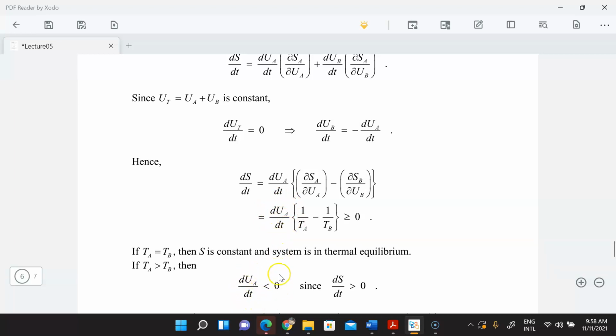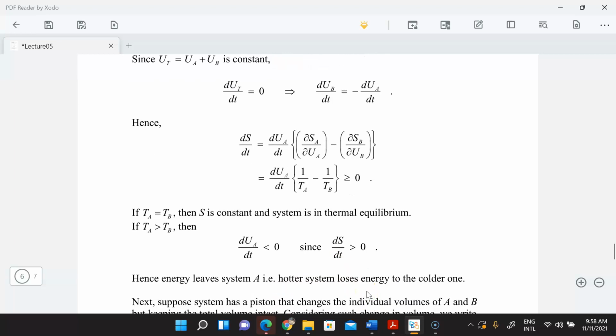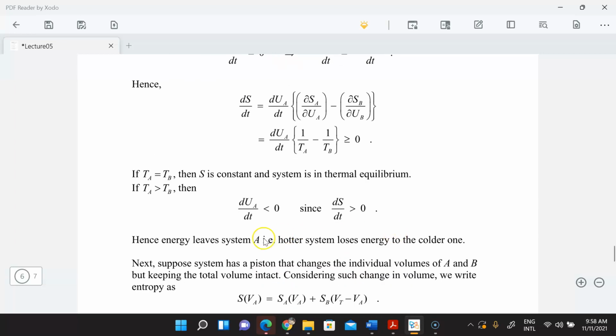So you have that as a conclusion. That says the energy will leave system A, or in other words, the hotter system. Remember that T_A is bigger than T_B. The hotter system loses energy to the colder one.